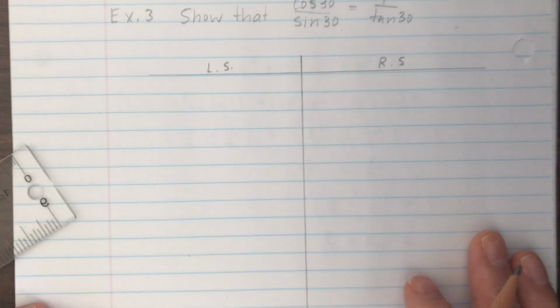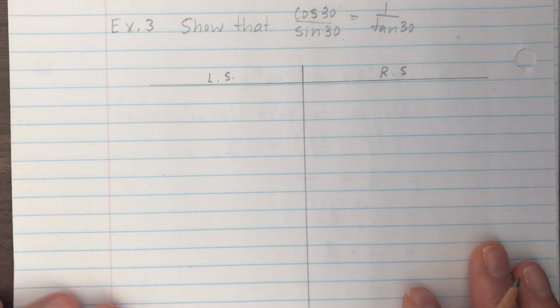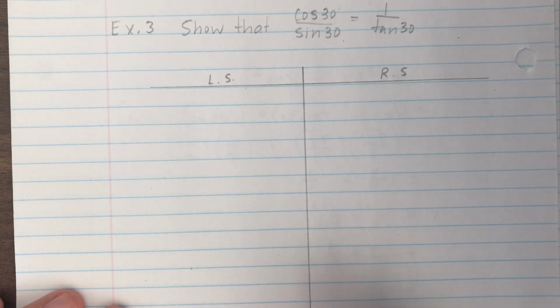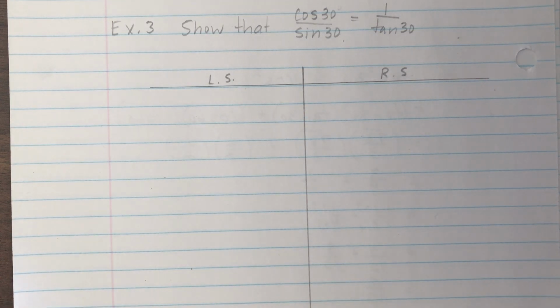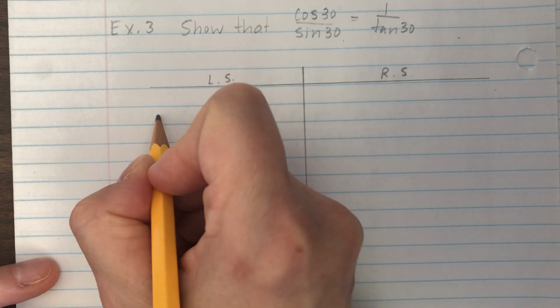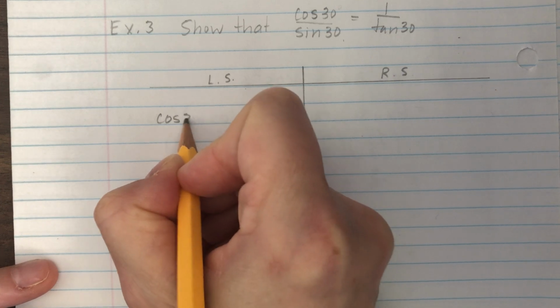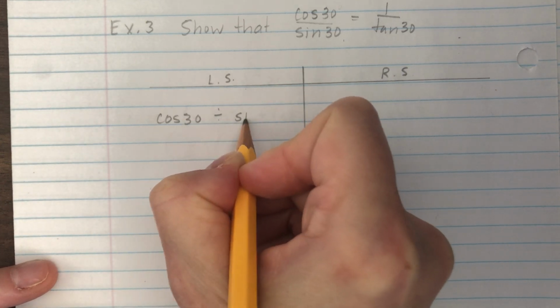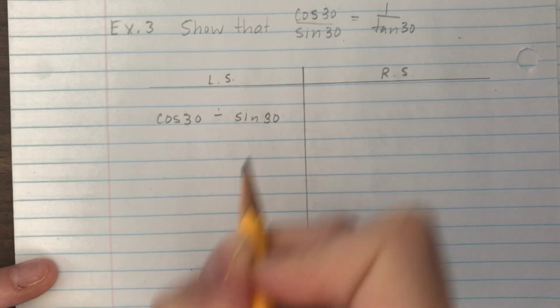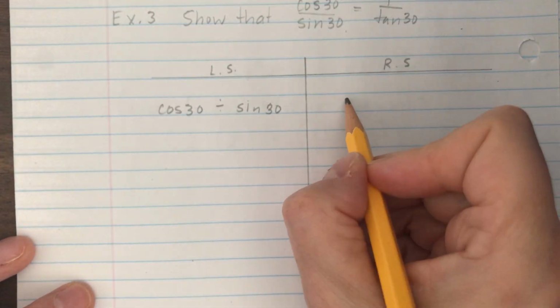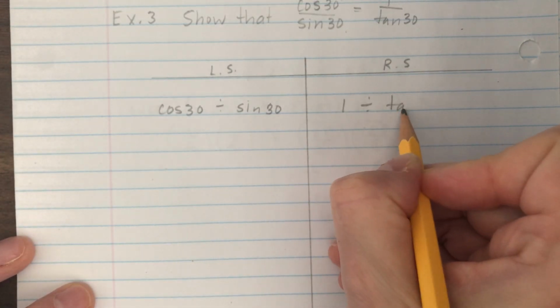And then we're going to evaluate each side separately and see if they end up with the same answer. And as they should, because we're just verifying it. So we have cos 30 divided by sine 30. I'm going to write it like this because it's easier to manipulate it this way. That's my left side. My right side is 1 divided by tan 30.